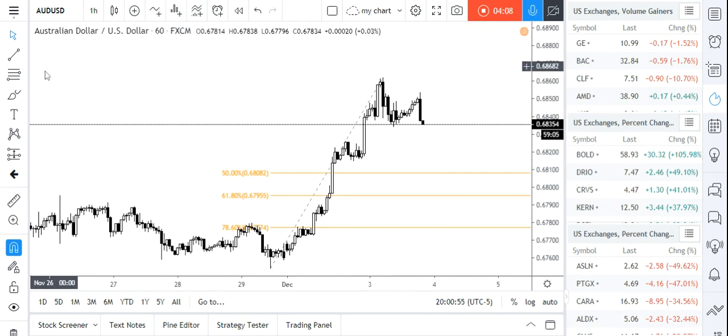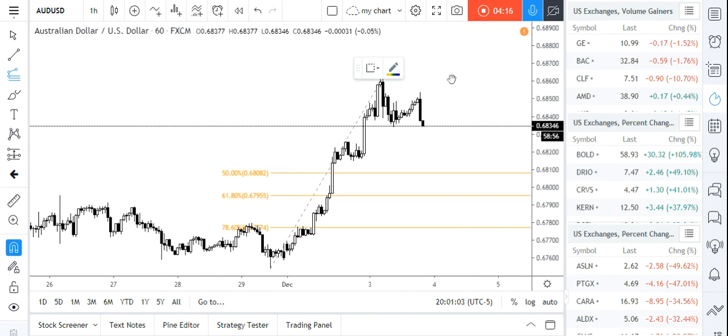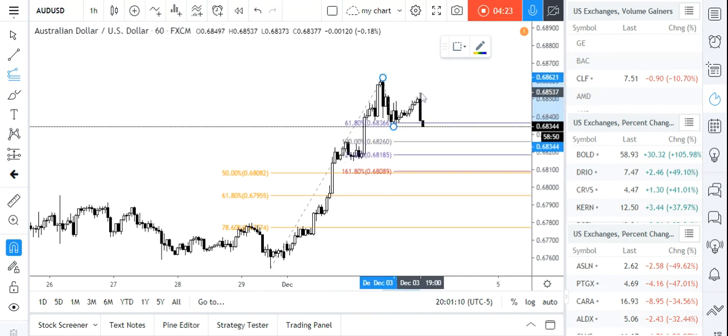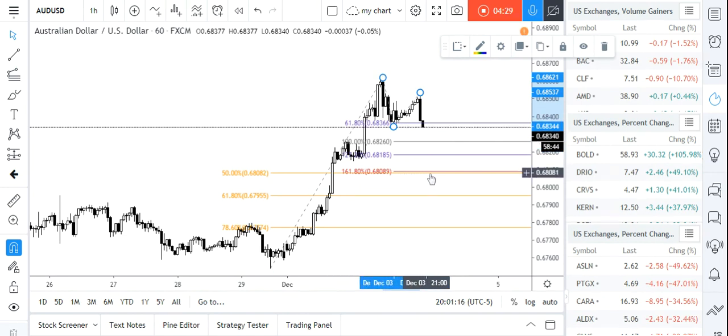Let me draw first, and then let me show you. So here I go, Fibonacci, a trend based Fibonacci extension. A, B, C, and 161.8% is coinciding with the 50% retracement level.